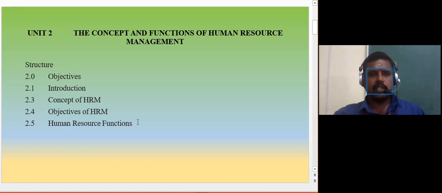The first thing is the objectives of this unit, second is the introduction, third is the concept of human resource management, fourth is the objectives of human resource management, and the last one is the functions of human resource management.